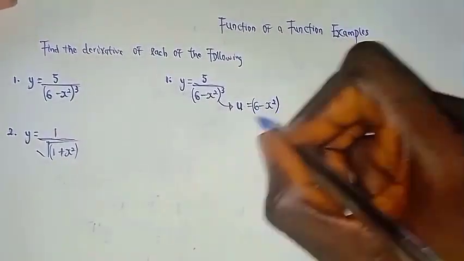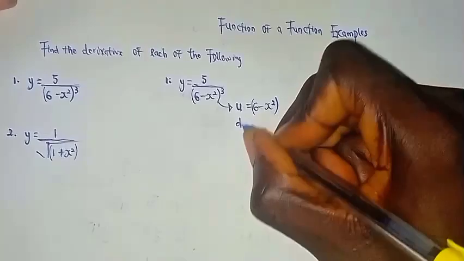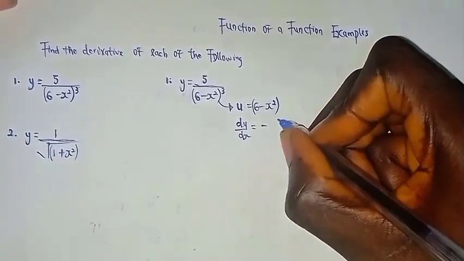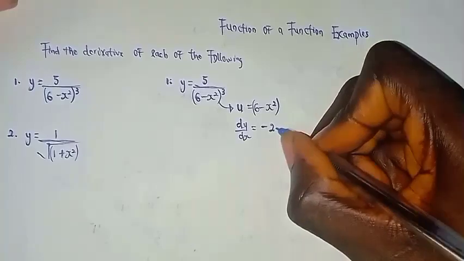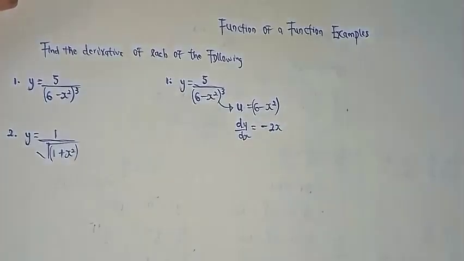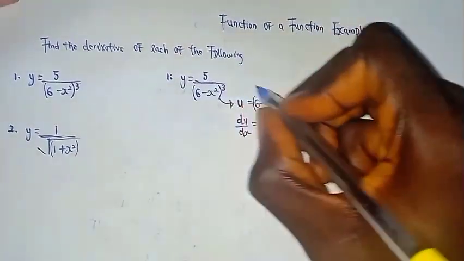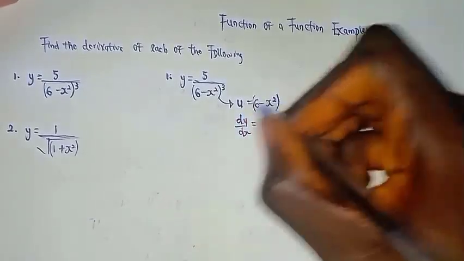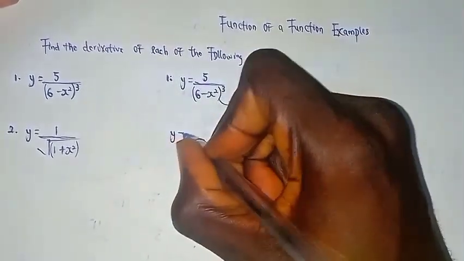And if we differentiate the u with respect to x, we have du over dx becomes minus 2x, rather.